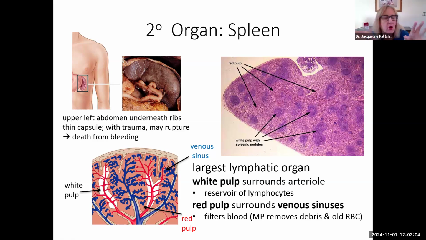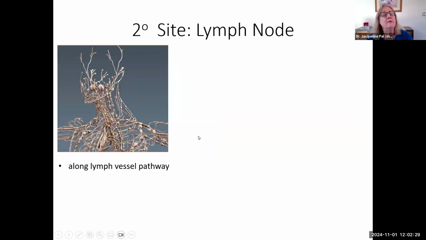And then they're looking and they go, oh, that red blood cell's kind of dinged up. It must be 119 days old. Time for me to break it down and eat it up. So when we say the lifespan of a red blood cell is 120 days and they're destroyed in the spleen, this is where it's happening, in the red pulp, because the function of the red pulp is to filter the blood.